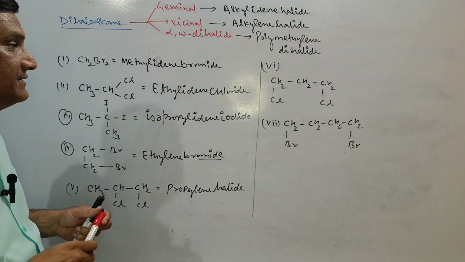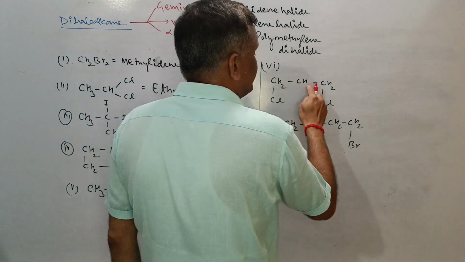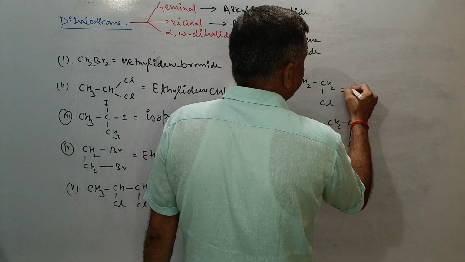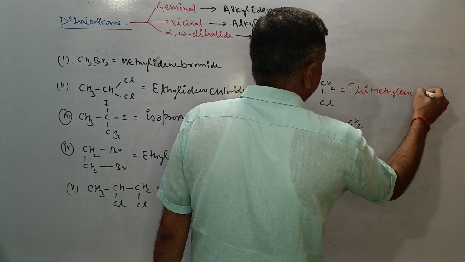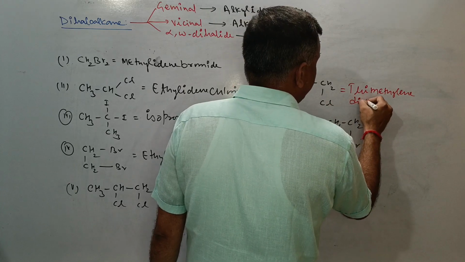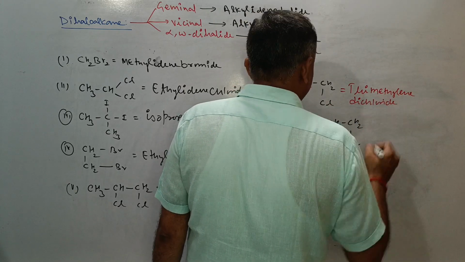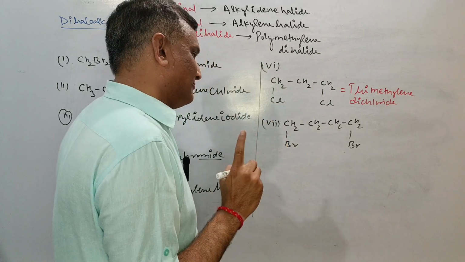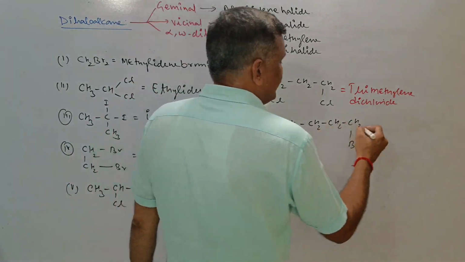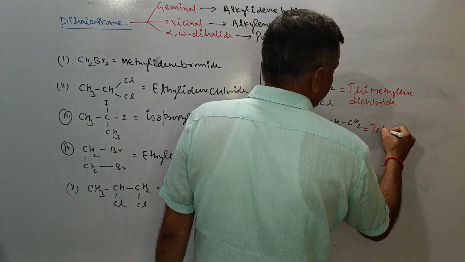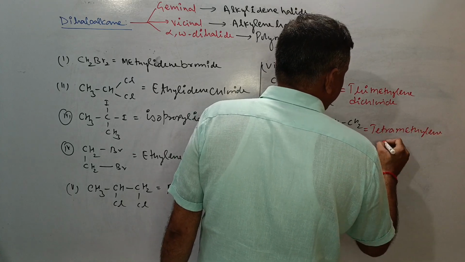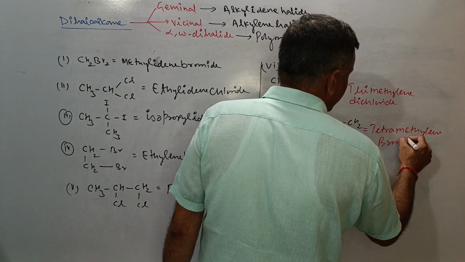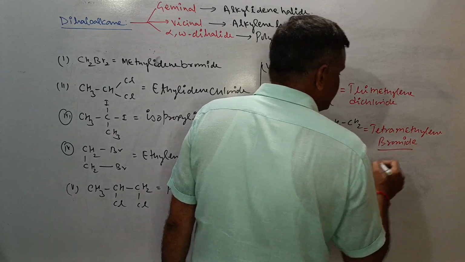Here there are 3 carbons, so it will be trimethylene dichloride. Dichloride is the right word, chloride is wrong. This is tetramethylene bromide. Tetramethylene bromide is the right name.